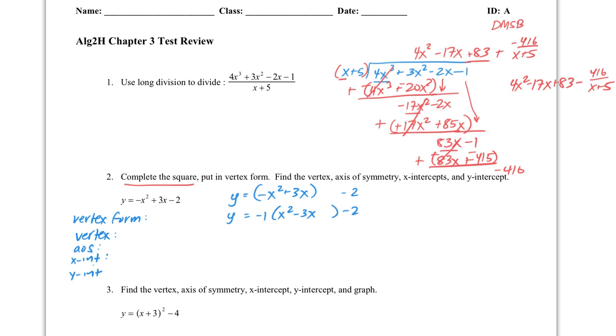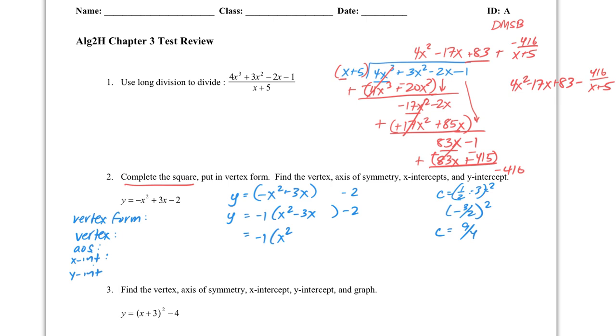Then we're going to identify our new c value. Remember that c is always half of b. So our c value is going to be half of the negative 3. So it's going to be negative 3 over 2 squared. So it's going to be positive 9 over 4.